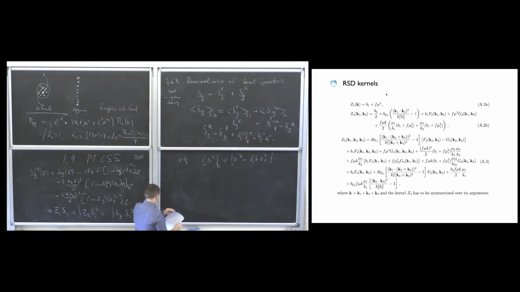Now, what does this all mean for the redshift space distortions? Okay, so we have this term, which is the first problematic term that we need to deal with. So let's average this term over the small scale motions.